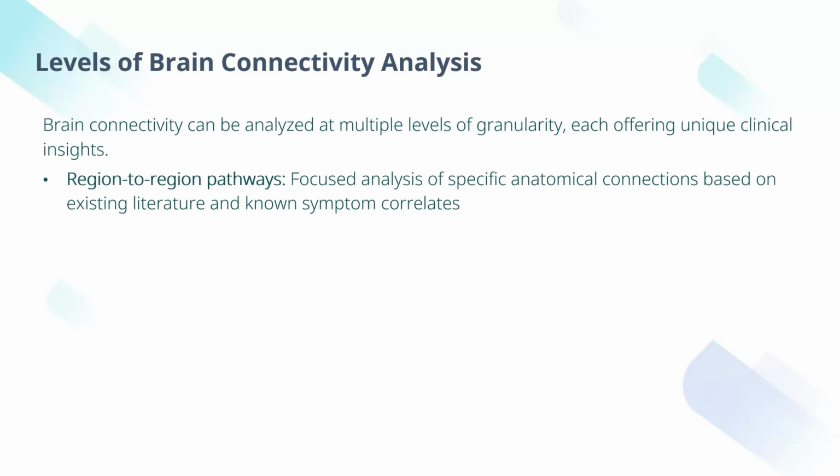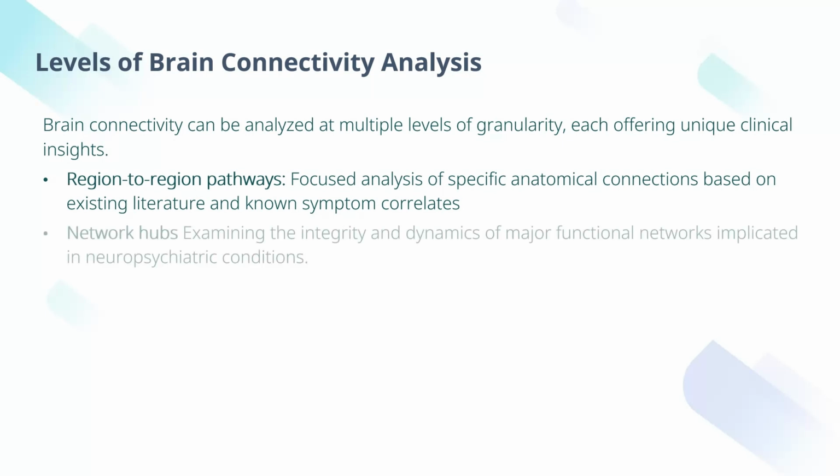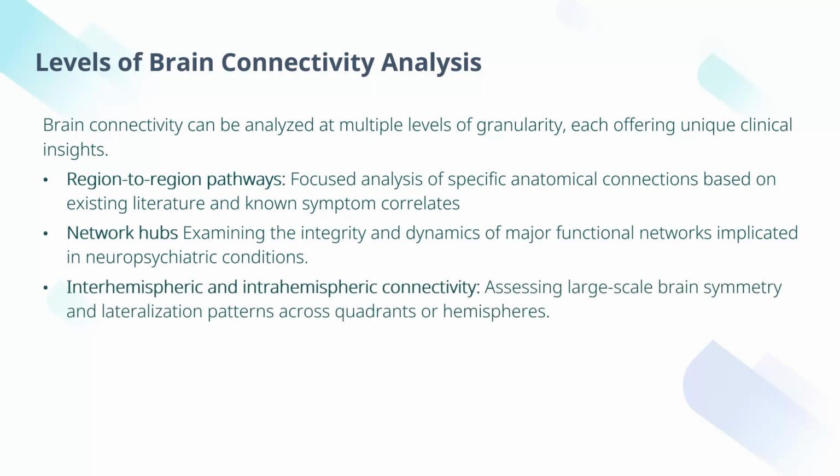So focused analysis on very specific anatomical connections that have been studied in the literature and what their symptom correlates are. So really looking at maybe one line in particular in that connectivity diagram. We can also look at entire networks when we're talking about connectivity. So rather than focus on the entire brain, just focus on the regions that are relevant for a specific network to see how that network is functioning.